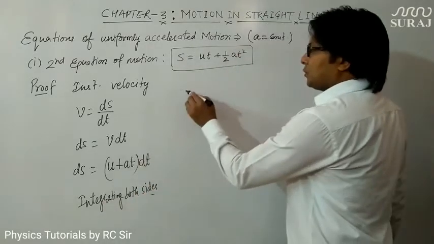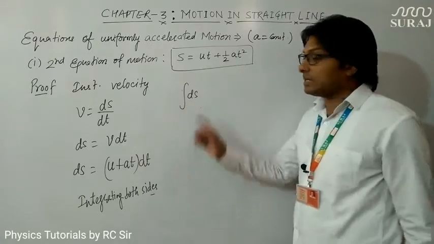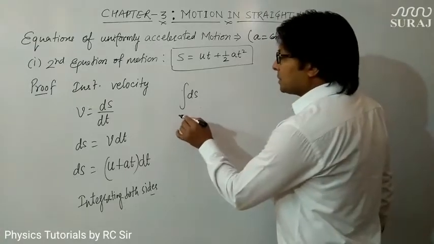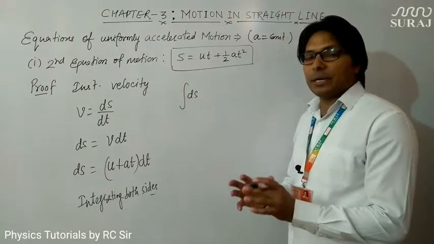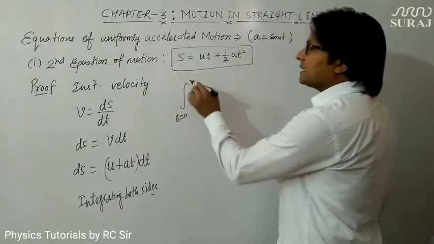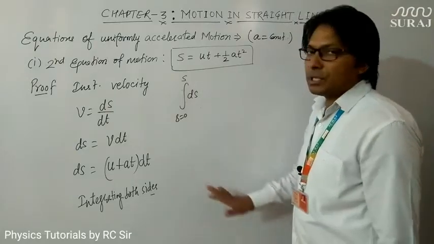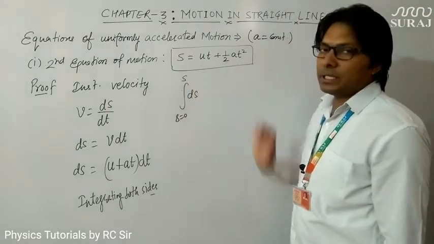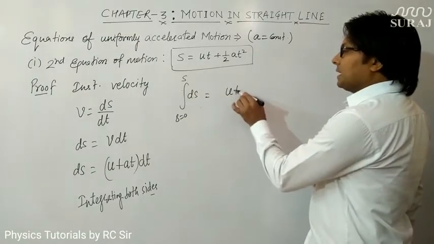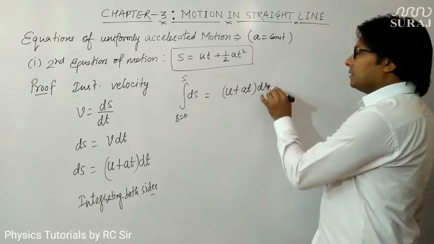The integration of ds will be integration ds, and since the variable is s, we will put the limits of s. Suppose the particle starts from s equal to 0, and after t seconds it reaches displacement s. So the lower limit is 0 and the upper limit is s, equal to the integration of u plus at into dt.